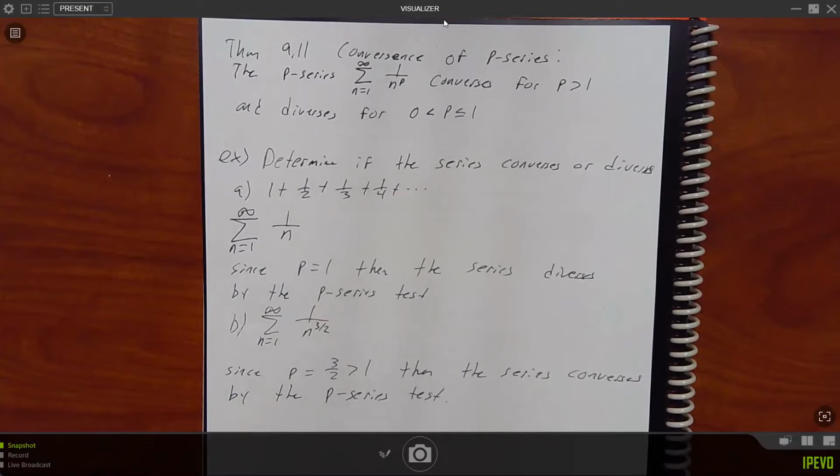Like, for example, if you look at 1 over n, one over n goes forever. Right?